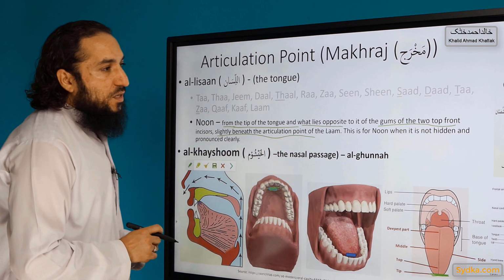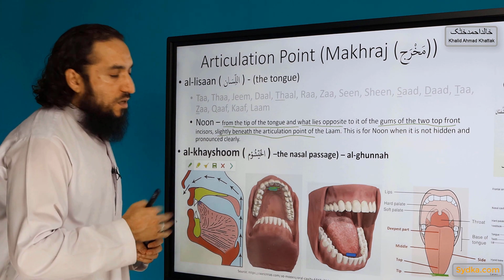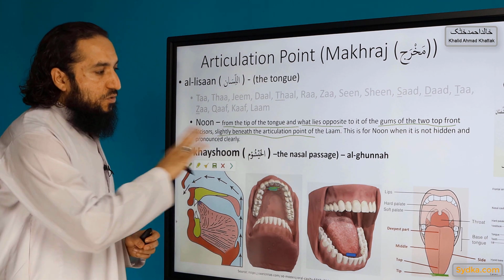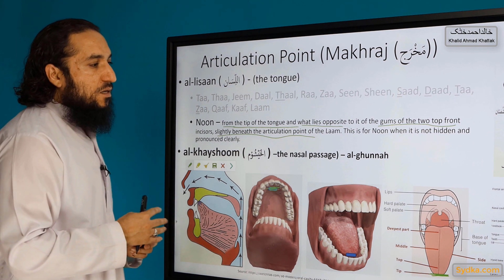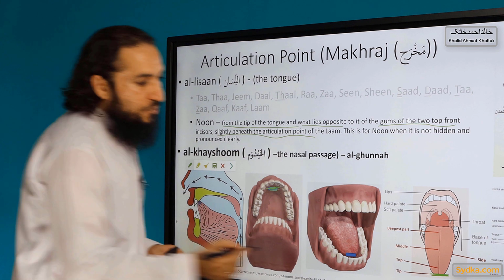This is for Noon when it is not hidden. Noon has multiple uses, so this is only when Noon is clearly pronounced. Then this is the articulation point.